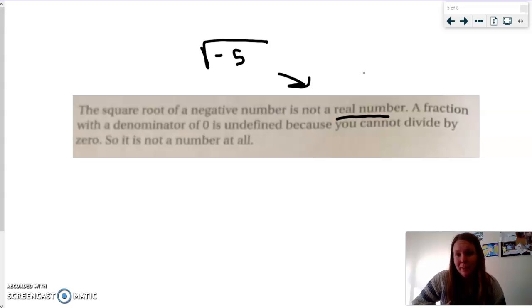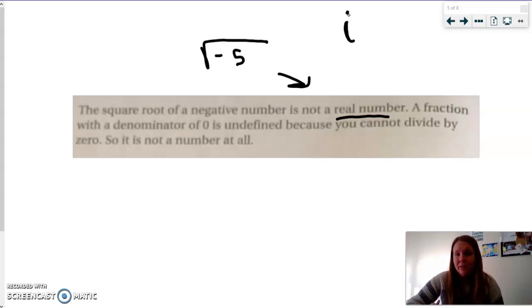So if you thought math was complicated now, we can be like, oh, there's an imaginary number. And usually it's written with a little italicized i. But we're not going to dive too far into that. They're just saying that the square root of a negative number is not a real number. So I can't classify it.